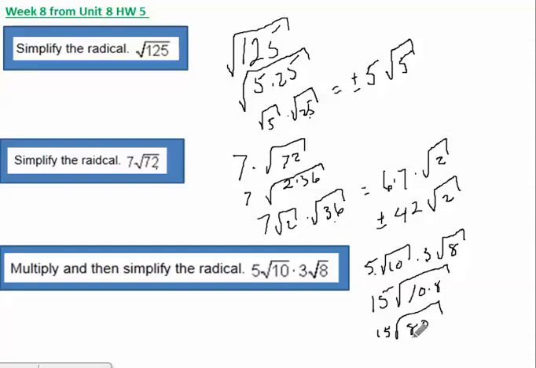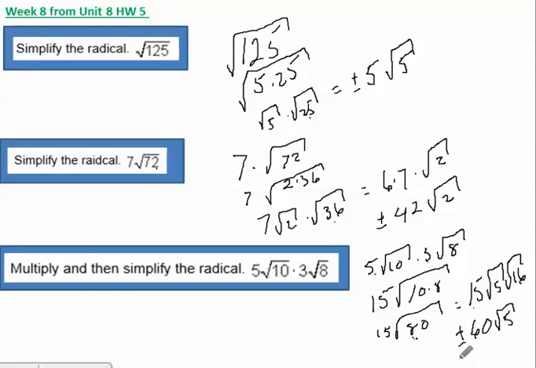There's a 16 in there. I know there is. I'm going to divide 80 by 16. 80 divided by 16 is 5. So this is actually 15 square root of 5 square root of 16. Well, the square root of 16 is 4, so 4 times 15 is 60 square roots of 5, and it's a plus or minus.